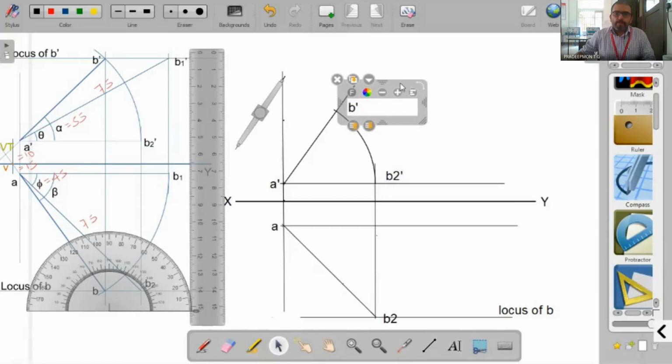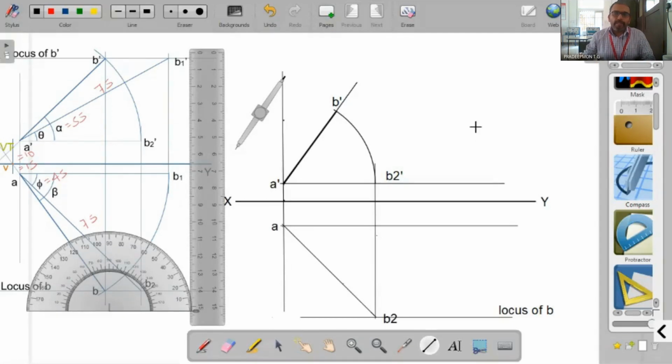Now using your scale, you can join these two points, A and B, using a thick line. Since it is our final front view, draw it like a thick line.